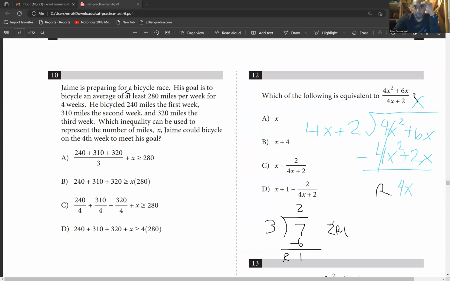So same thing here. This would be the answer. This would be the remainder, but the remainder is the numerator and this is the denominator. x, 4x over 4x plus 2.